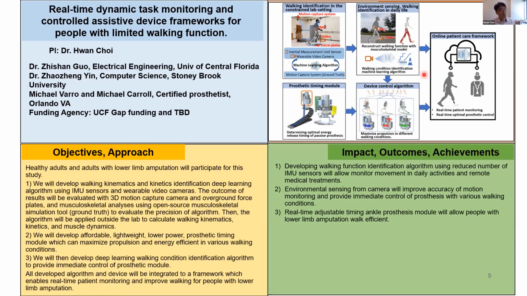These technologies are really useful for the patient, because this allows us to identify the motion and the torque of the joint in real time, so that this information is automatically sent to the clinicians, so the clinicians can monitor without meeting the patient in person. And the clinician can also give medical feedback instantaneously.